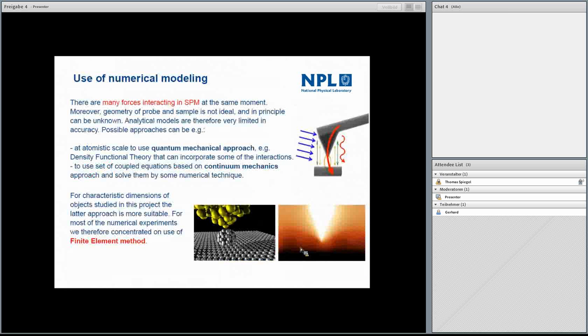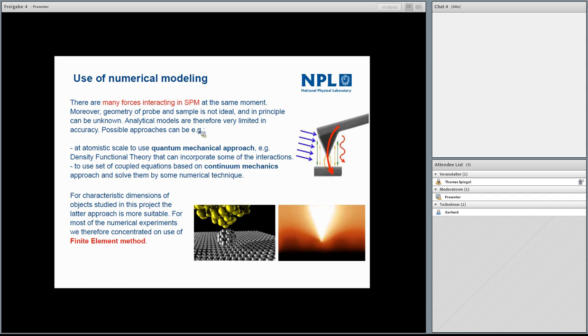And because we are at the nanoscale with a very small tip, there are capillary forces, van der Waals forces, a range of forces that act at this scale, and it quickly becomes very complicated to try to control all of them. And they will have important effects.